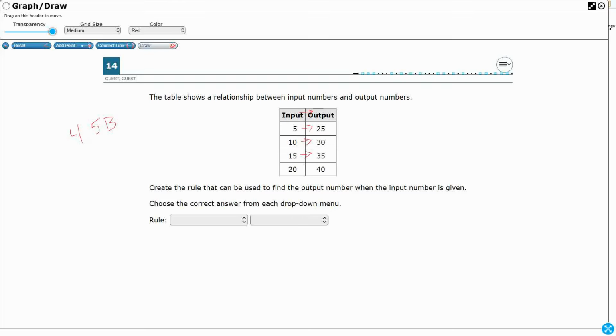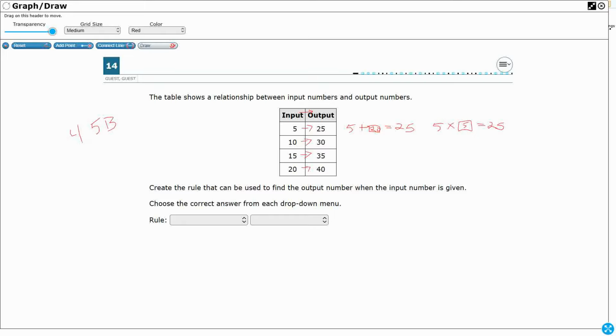Our numbers are getting larger every time, so there are two ways we can get larger. We can add or we can multiply. So 5 plus something is going to get us 25, or 5 times something is going to equal 25. And if 5 times something doesn't equal that other number, then you can tell it's going to be addition. In this case, you could do it both ways. So we could do plus 20, or we can do times 5. Either one of these could work.